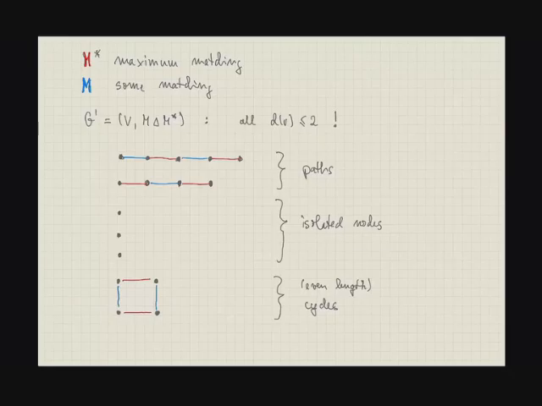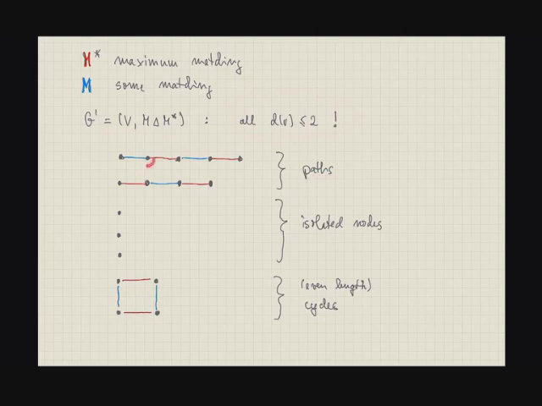Let's have a look. So we have M star, the maximum matching, which has, we assumed, more edges than our matching M in blue. We look at the symmetric difference of M and M star, and I just explained that all the vertices of the graph have maximum degree 2. So that could be either paths, right?